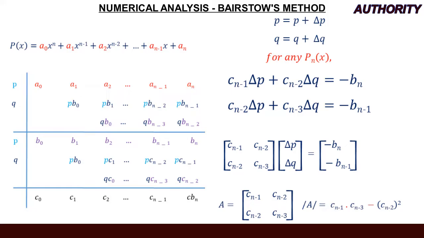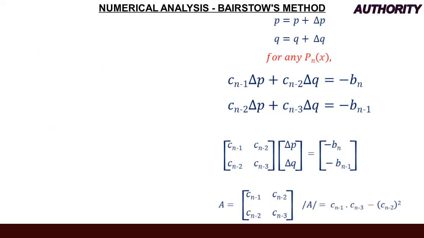That is Cn-1 multiplied by Cn-3, minus the minor diagonal, which is Cn-2 multiplied by Cn-2. Cn-2 multiplied by Cn-2 is the same thing as Cn-2 squared. Good, so this is for matrix A.